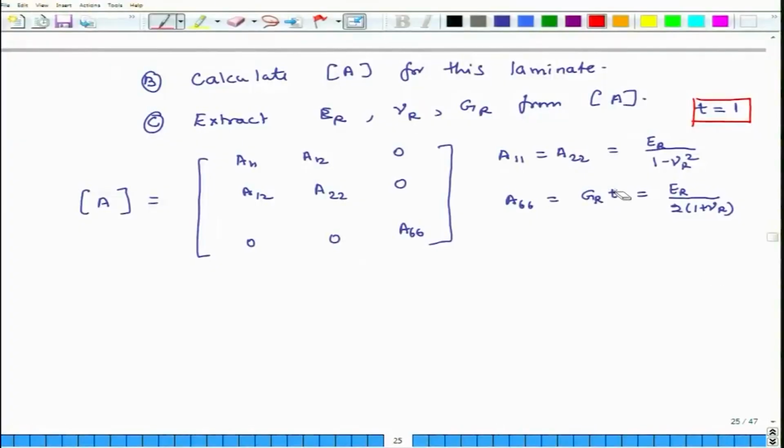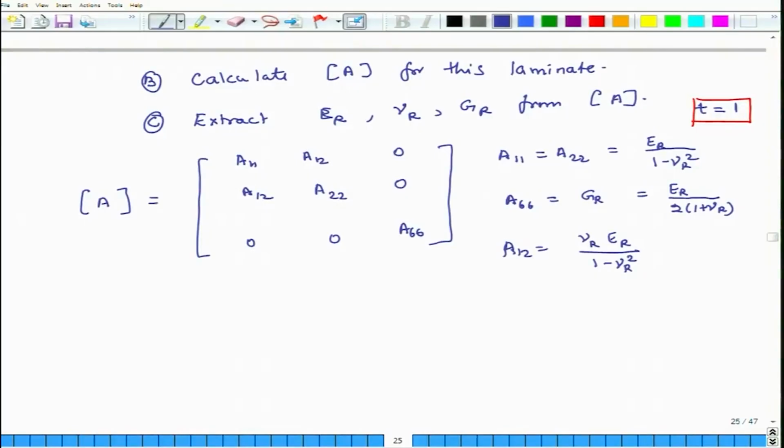So, GR times T, T is 1, so this T goes away, and A12 equals nu R ER divided by 1 minus nu R square.